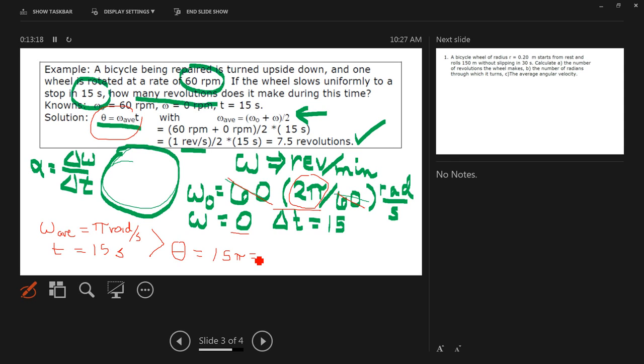Okay, what's 15 pi? That's my phone, not my calculator. 15 times pi is 47.1. I just used 3.14. Okay, 47.1 radians.